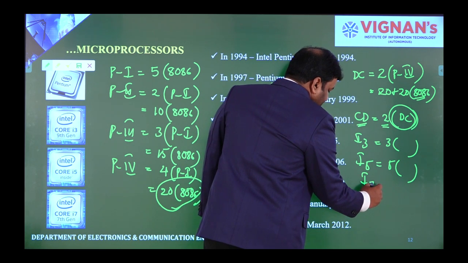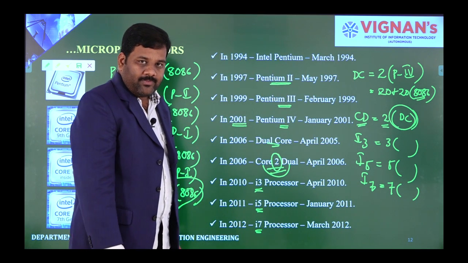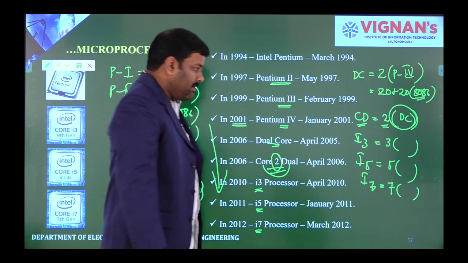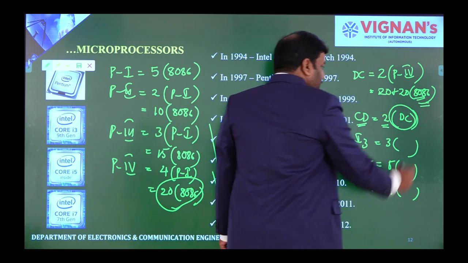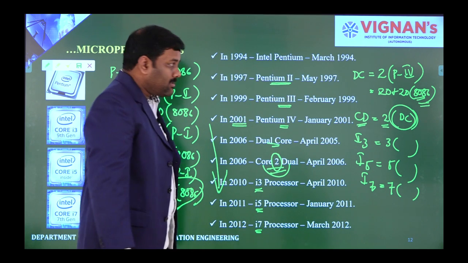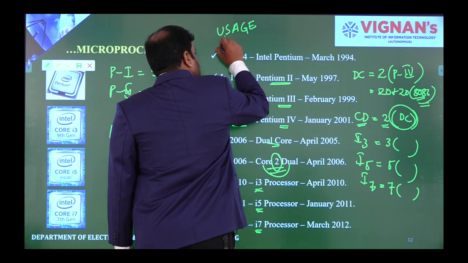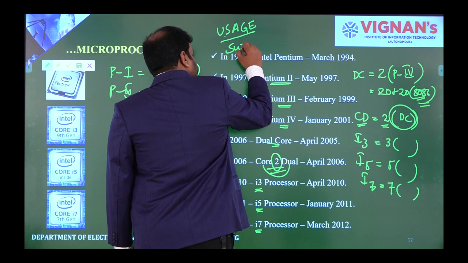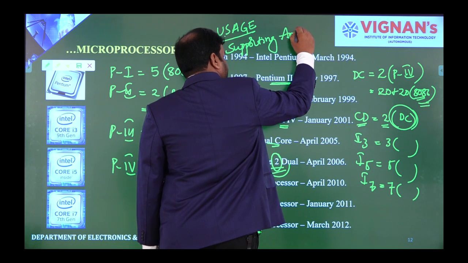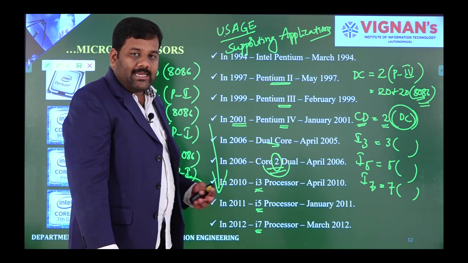If it is an i7 processor, I am using 7 cores. As the generation increases, the number of cores in one processor increases, because the supporting applications are increasing day by day.